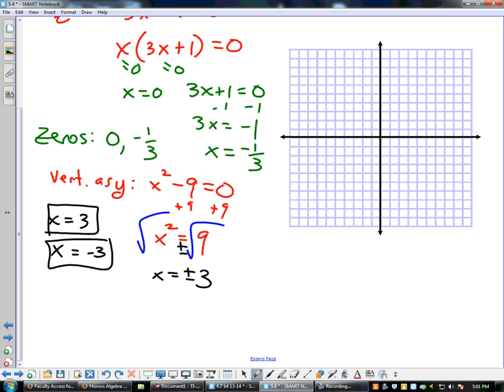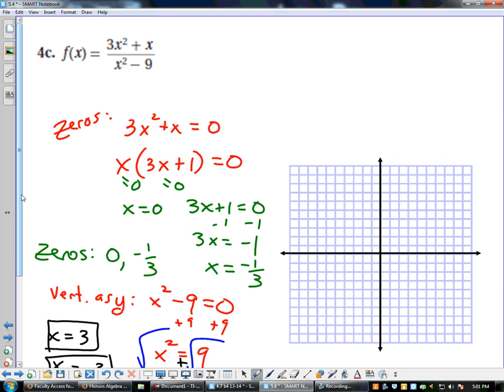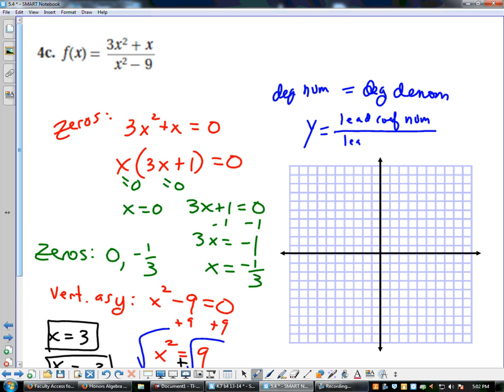And then what about horizontal asymptotes? Remember, that is when we compare the degree of the numerator to the degree of the denominator. In this case, the degree of the numerator is 2, and so is the degree of the denominator. So the degrees are equal. They're both 2, so that means we need to use that last rule that says y equals the leading coefficient of the numerator divided by the leading coefficient of the denominator.